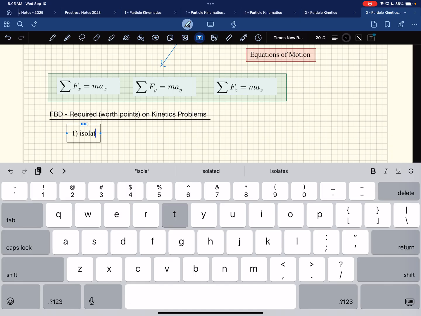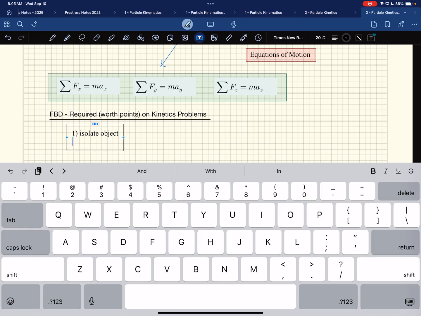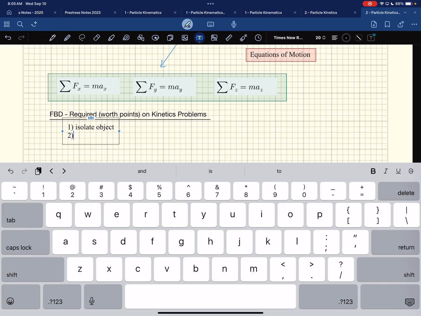First thing you're going to do is isolate the object. You did this a lot in statics, hopefully. Isolating the object is the first thing you have to do. For particles, it's just going to be a dot, because for the most part it's a concentrated mass, so we can just turn it into a single dot.